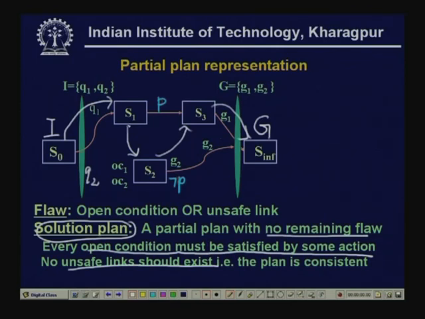The problem is S1 will have P as an effect, but that P would be deleted by S2. So, S3 will not get P as a precondition. Because S3 requires P as a precondition, which is supplied as an effect of S1, we cannot put S2 between S1 and S3. So, this is not correct.